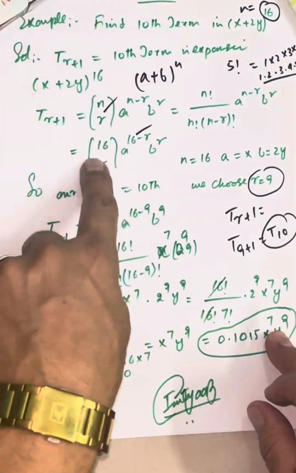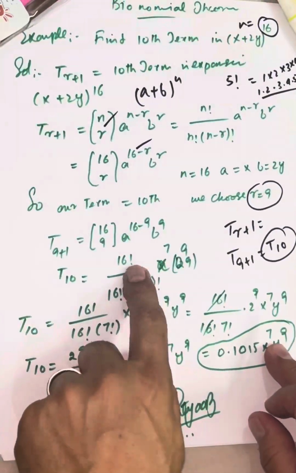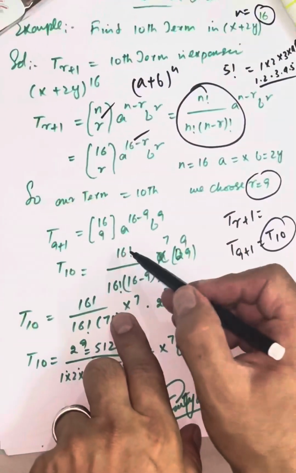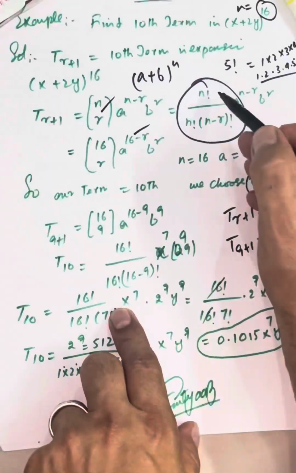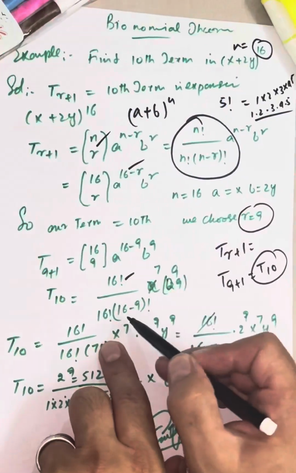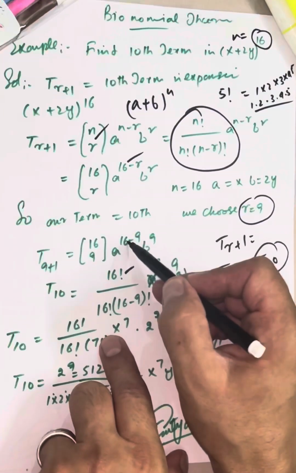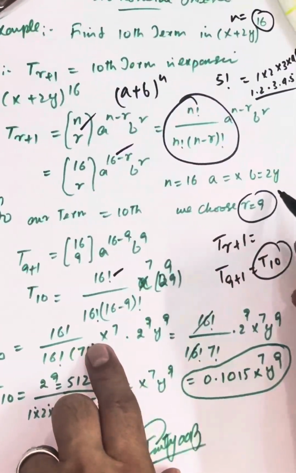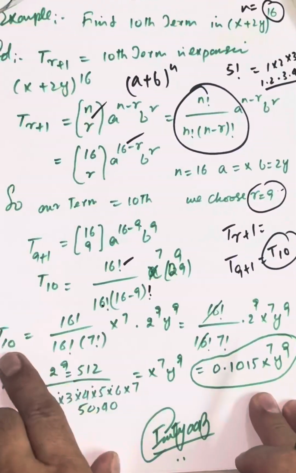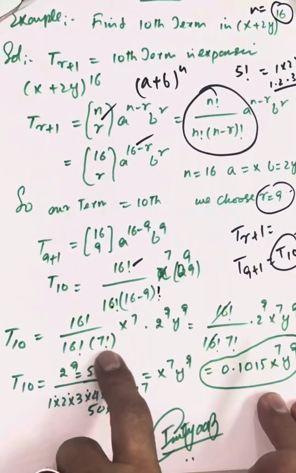16 choose r, a to the 16 minus 9, b to the 9. So T10 is 16 factorial over 9 factorial times 16 minus 9, which is 7 factorial.